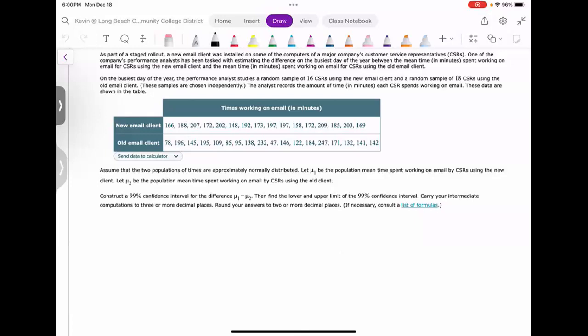On the busiest day of the year, the performance analyst studies a random sample of 16 CSRs using the new and 18 using the old. And they are recorded down here.